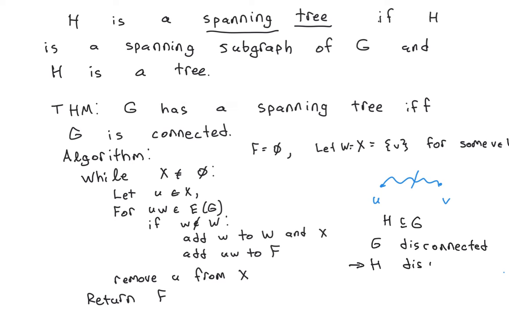In particular, there's no way to get a spanning tree in that case because a tree has to be connected. So we're going to assume from now on that G is actually connected.